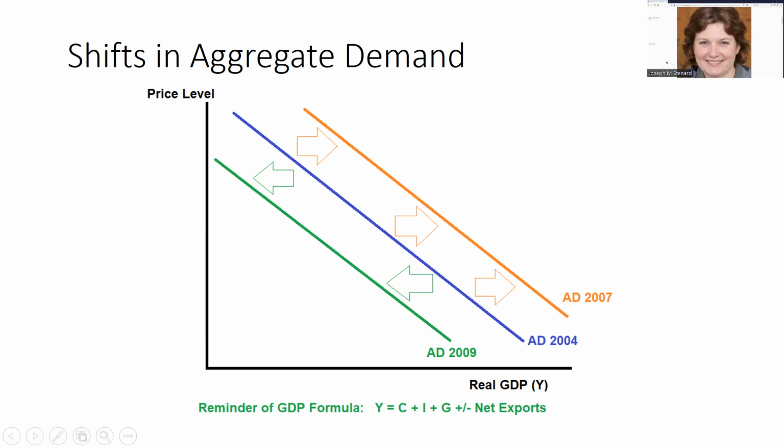Consumption is consumer spending, investment is business spending, and government spending is both state, local, as well as federal.